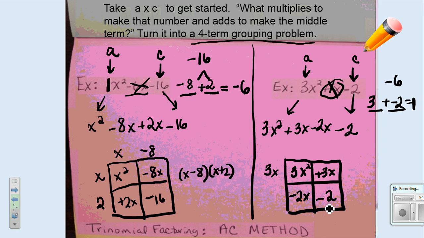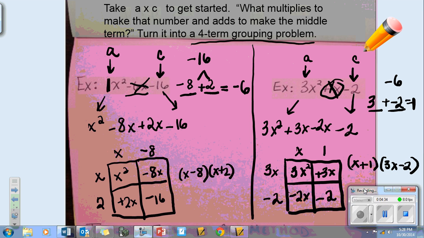Greatest common factor, the bottom. They have a negative 2 in common. First column, there's an x. Second column, it's a 1. If x times 3x makes 3x squared, we did a good job. Yes, 3x times 1 is 3x. X times negative 2, negative 2x. 1 times negative 2, negative 2. We did a perfect job. So then our factors are x plus 1 and 3x minus 2.